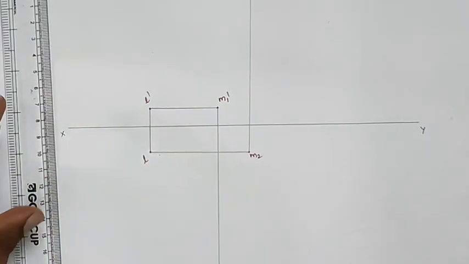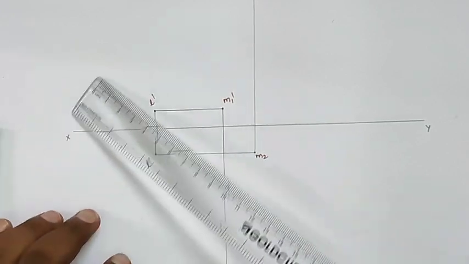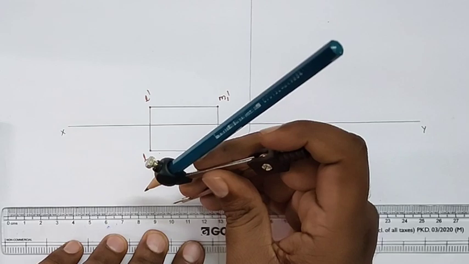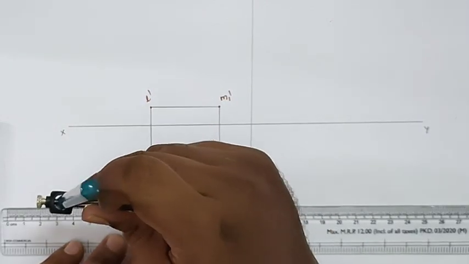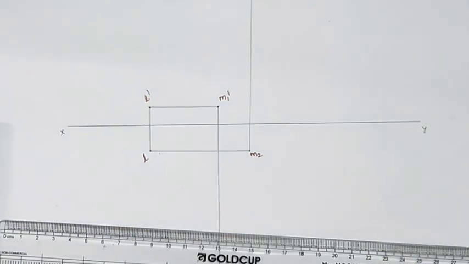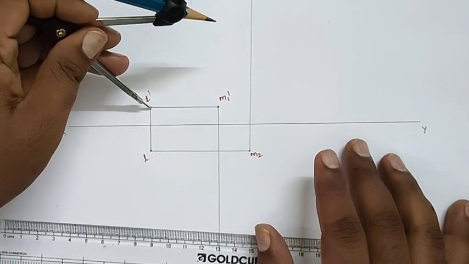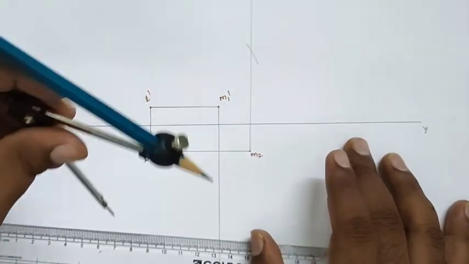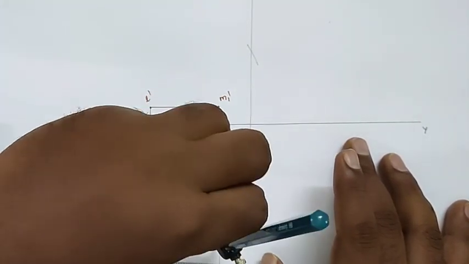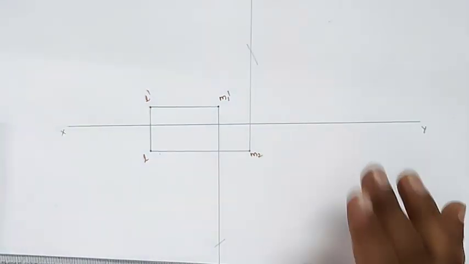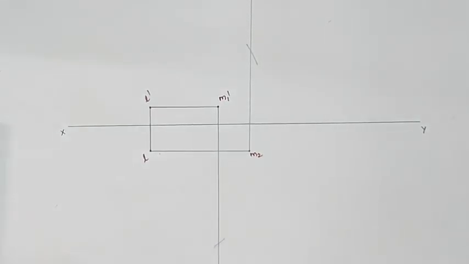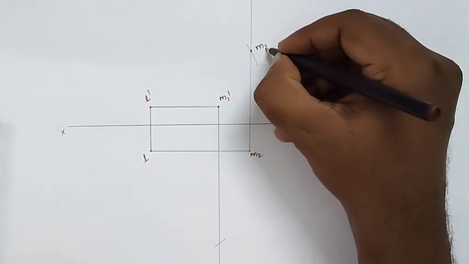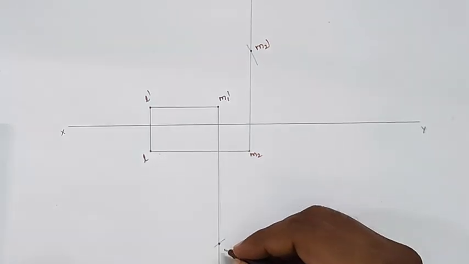Now you can take the true length of the line, which is given as 70. With the true length of the line 70 mm from point L dash, you can draw the arc on this line. From point L also you will draw the arc on the M1 dash vertical line. So here I am getting a point, taking this point as M2 dash and taking this point as M1.